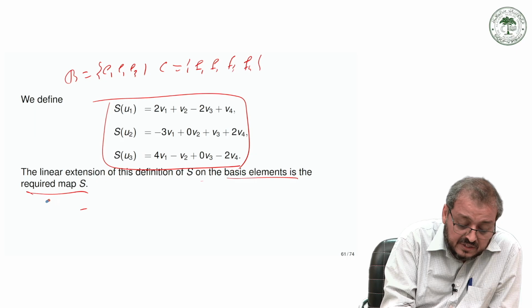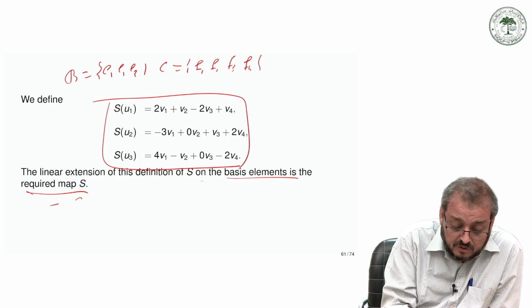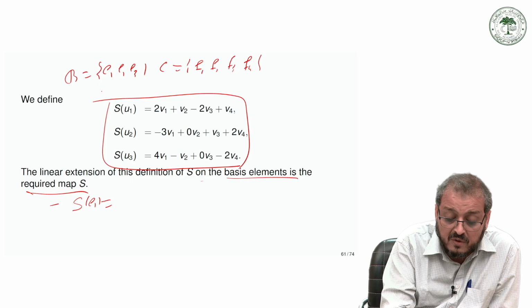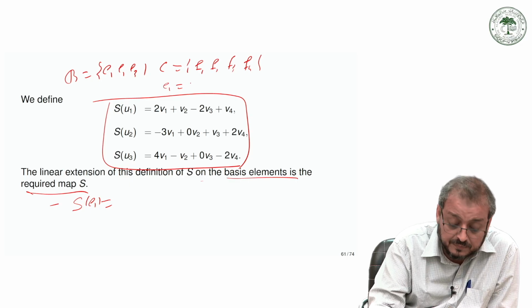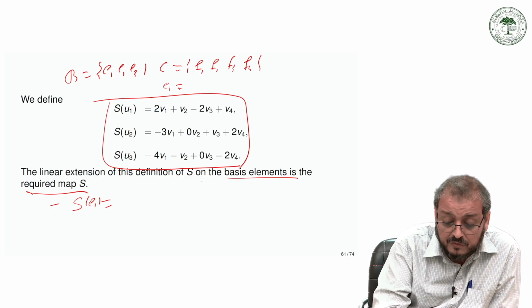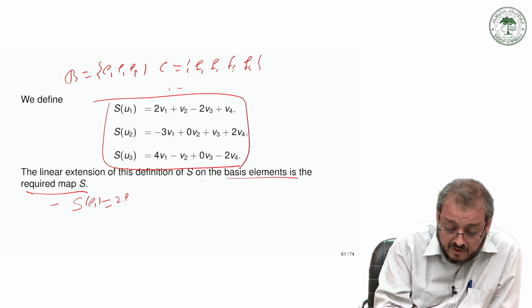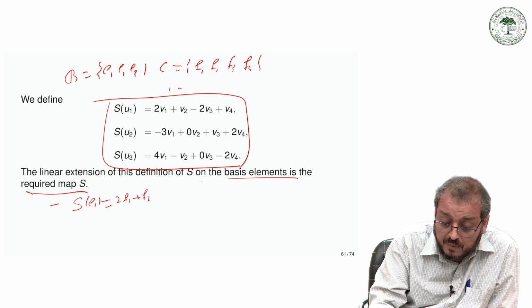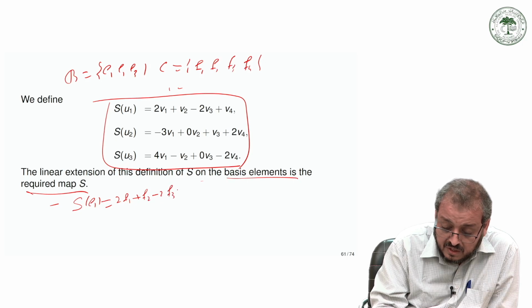So if these are the standard bases, then we can clearly calculate S of e1. It is 2 times f1 plus f2 minus 2 times f3 plus f4.